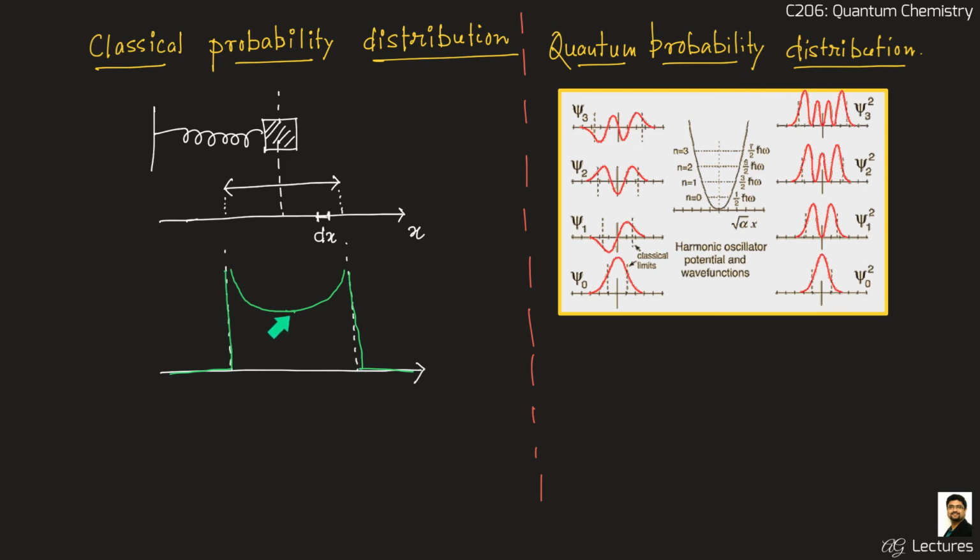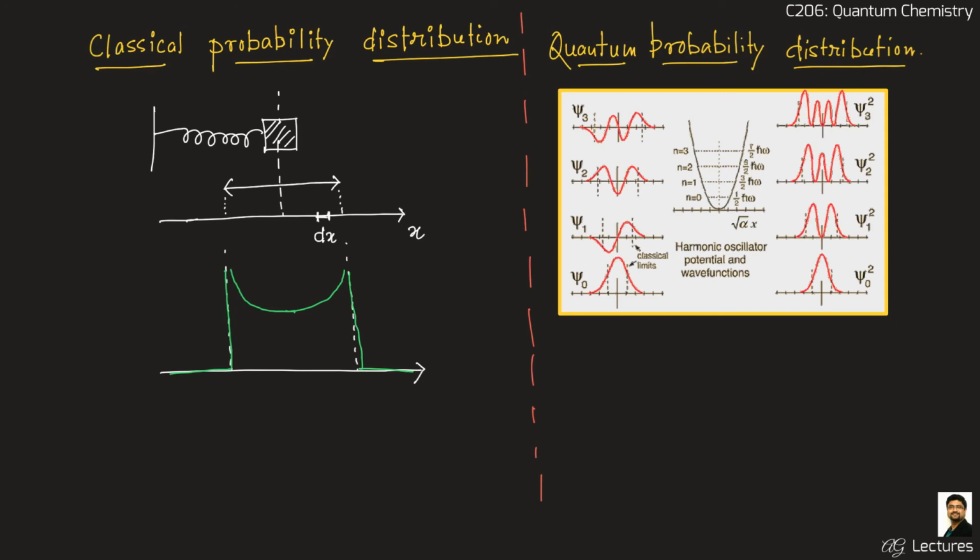In the classical case the probability was minimum at the equilibrium position, which is x equals 0, and maximum towards the edges, whereas here the maximum probability is actually at the midpoint, x equals 0, and it is the lowest towards the classically forbidden region, and then it goes a little beyond the classically forbidden region because it's a quantum particle. But what is important is that the feature is exactly opposite of that of the classical distribution, right?